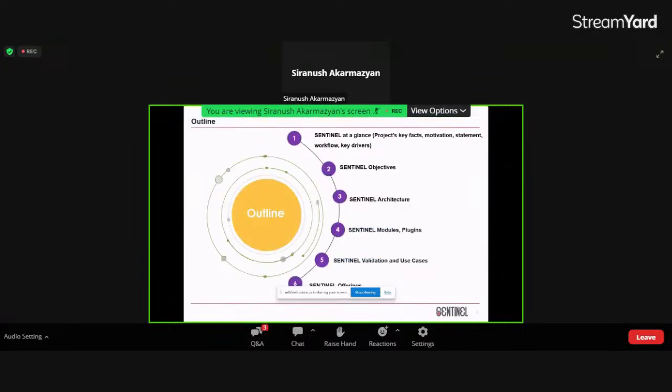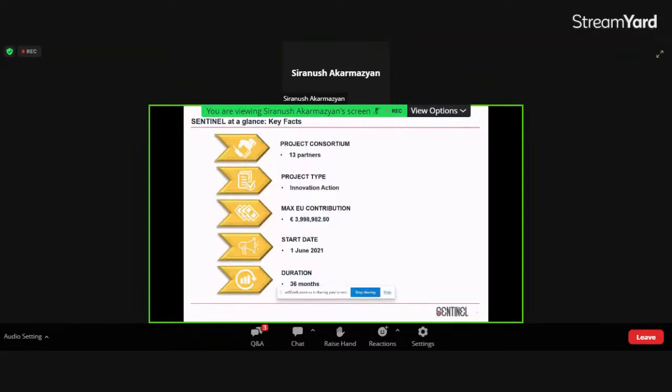So the outline is that I will briefly present Sentinel as a whole, its objectives, architecture, modules, plugins that we are developing in the project, some information about validation, use cases, and what are the offerings of Sentinel.